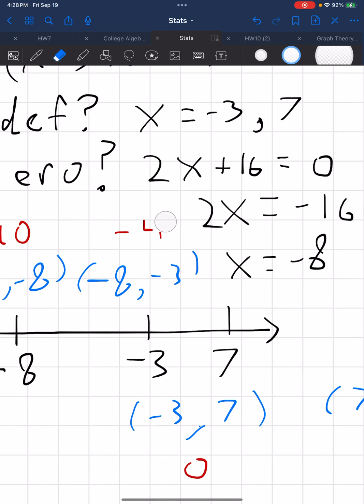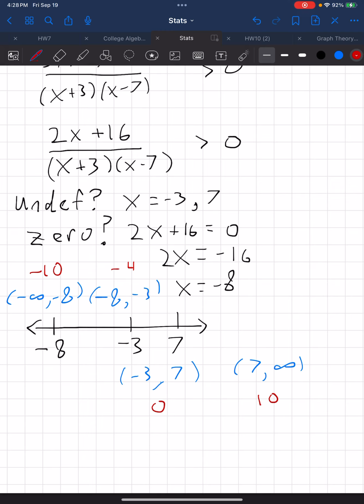And that 4 looks a little rough, so let me fix that. So in class, when we tested these, we saw 10 did work, 0 did not work, negative 4 did work. So now this kind of new one to check would be negative 10.